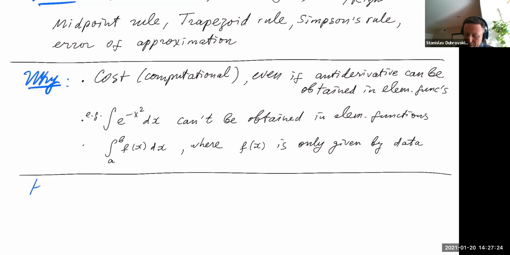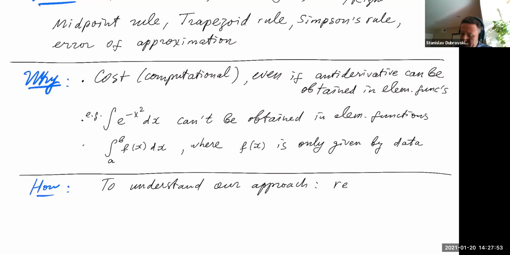Okay, so to understand how, let's recall the definition of Riemann integral. A good idea here is to pause the video and try to recall from Calc 1, it happened late in Calc 1, the definition of Riemann integral.